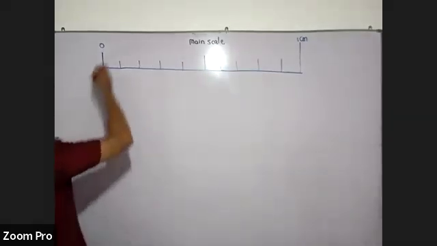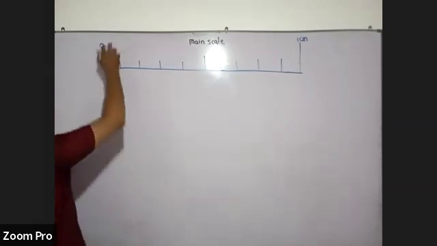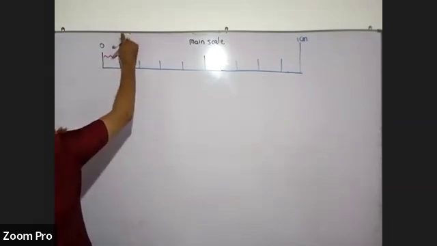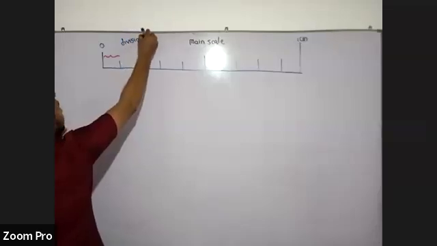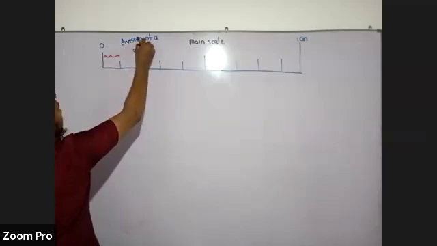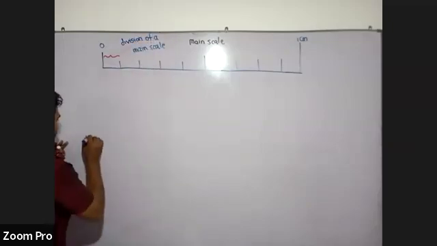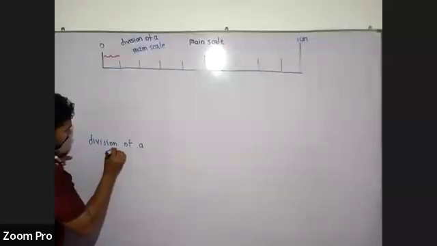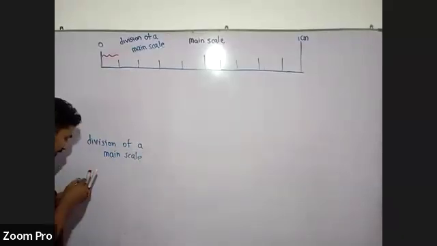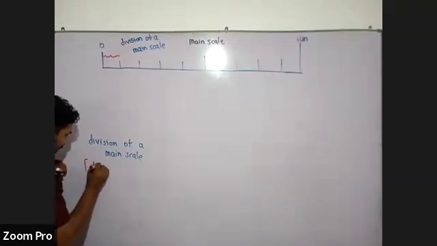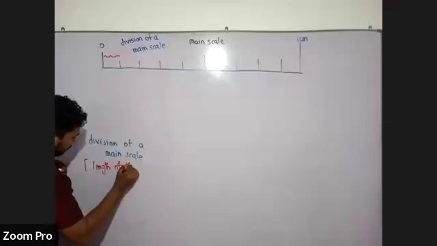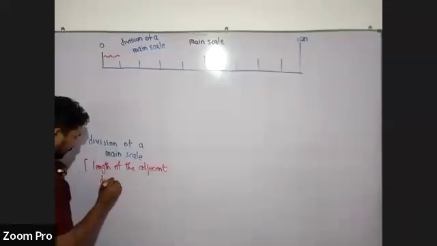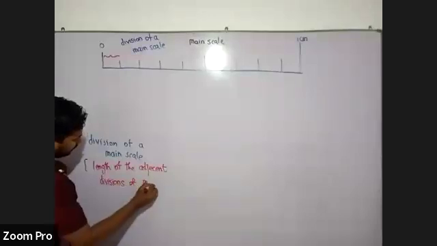So the distance of these two divisions can be considered as the division of a main scale, or the length of the adjacent divisions of the main scale.